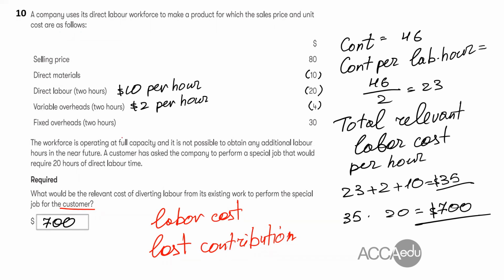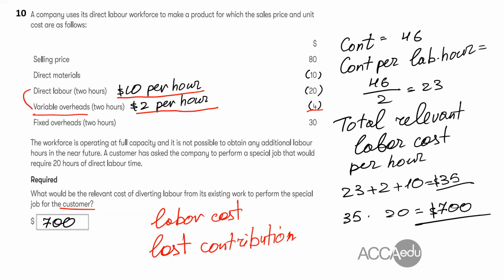So labor cost, okay. Selling price, okay. Direct labor 2 hours, the $20 for 2 hours, that means $10 per hour. Variable overheads 2 hours, so $4 for 2 hours, then $2 per hour. Here is a very important distinction. Labor goes in line with the variable overheads.